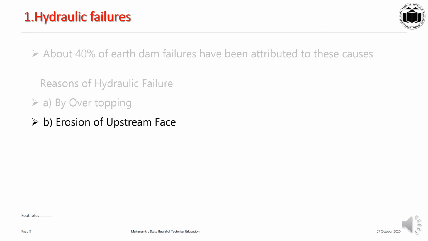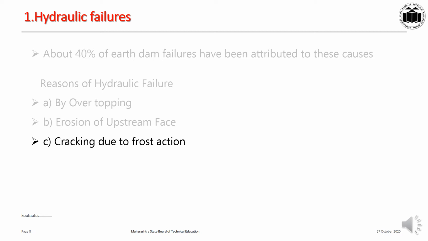Then erosion of upstream faces. Erosion is caused by wave action on the upstream slope. If there is wave action on the upstream slopes, meaning the reservoir side, then erosion of the upstream slope occurs. Then cracking due to frost action. Cracks in the upper portion are developed due to frost.